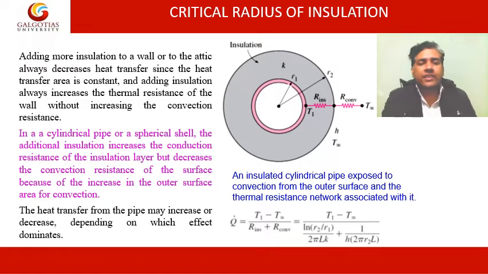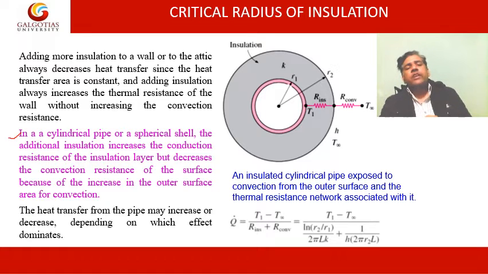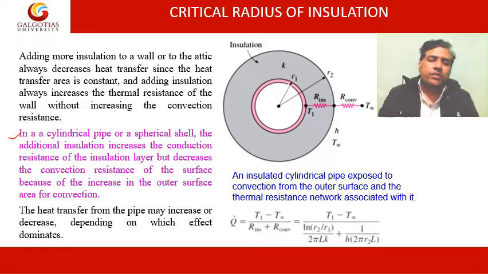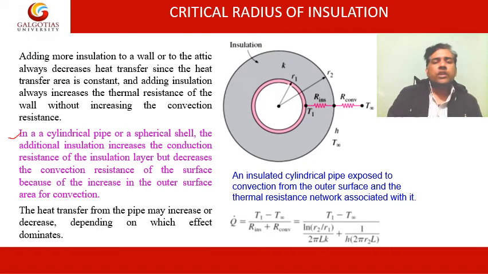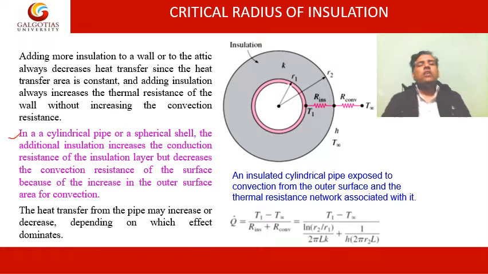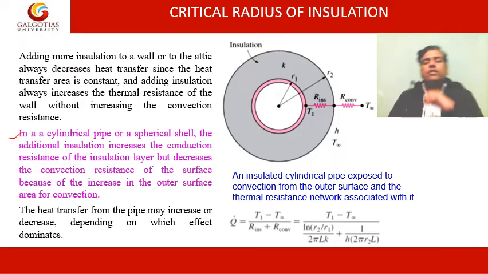So in the cylindrical case, sometimes when we add insulation, the heat transfer rate from the cylinder or sphere may increase or decrease, while in the case of a plain wall, adding insulation always means a decrease of heat transfer.